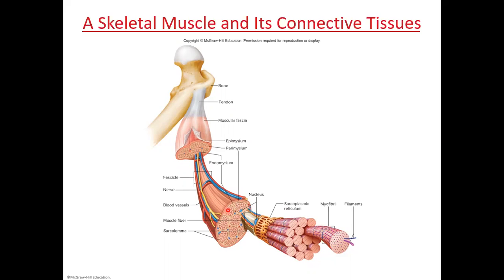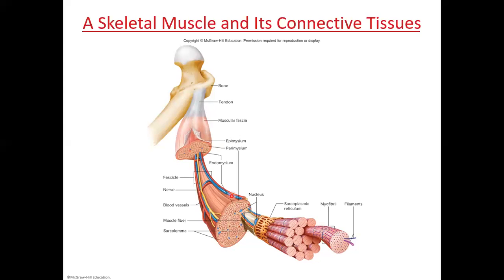So each of these little dots here is a muscle fiber. The muscle fiber itself has a plasma membrane, but around the outside of the plasma membrane is the endomysium here. That's what this is in between these dots.